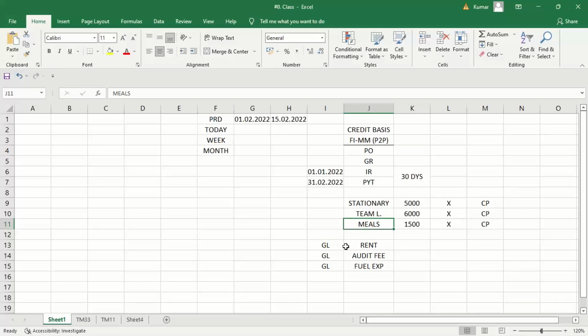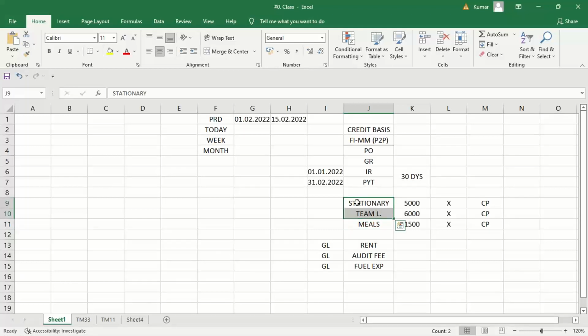So now, for such things, are we going to post all of them in a different GL? If thousands of different kinds of transactions are taking place and every transaction is posted to its relevant GL, then for these small transactions also 1,000 additional GLs would need to be created.